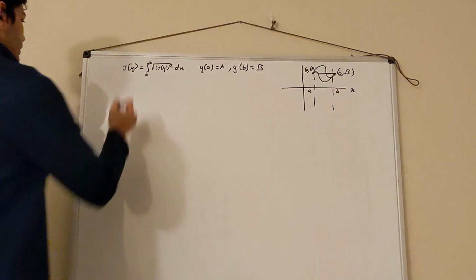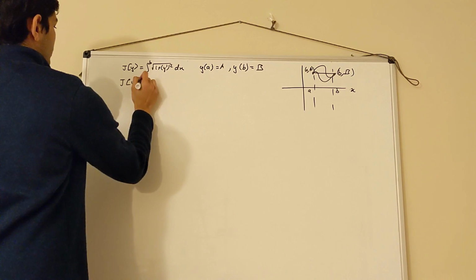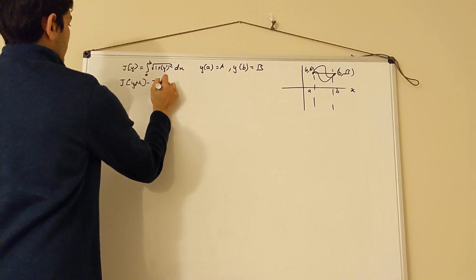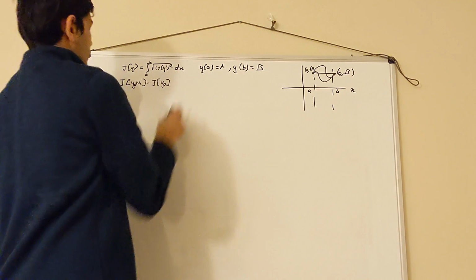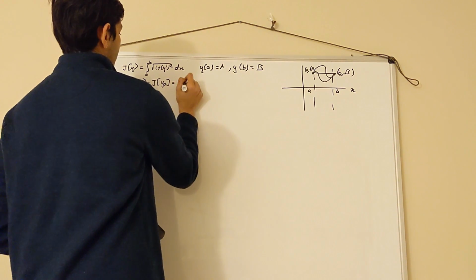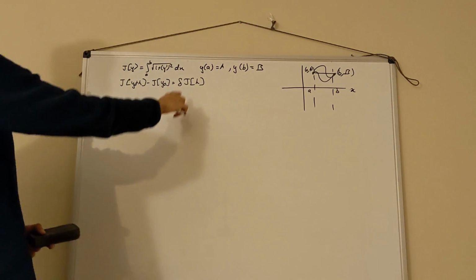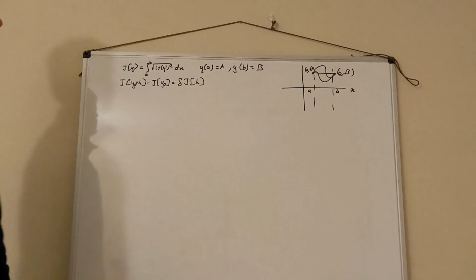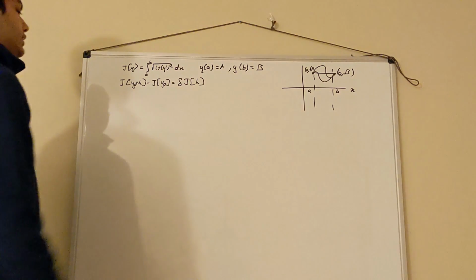So we want to look for something like J of y0 plus h minus J of y0 equal to some delta J, which I'll write as delta J of h. Remember that there is an implied y0, but because we want to focus on what I'll call the augmentation, I'll just call h the augmentation.